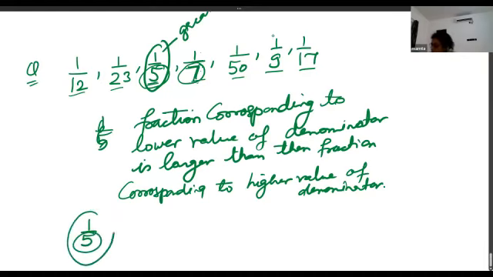So 1 by 5 will be the greatest. After that, 7 is the second minimum, so 1 by 7 will be the second greatest. The fraction having the minimum value of denominator will be the greatest among all. So which fraction has the minimum value? 5. So 1 by 5 will be the greatest.